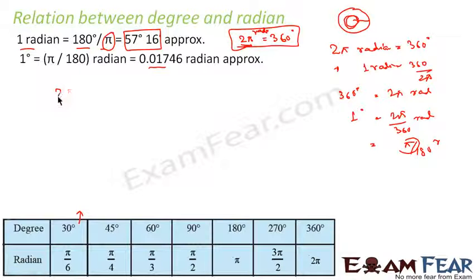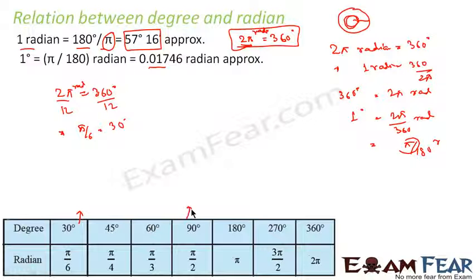We can also derive these. We have this logical formula: 2 pi radian is equal to 360 degree. Suppose we want to find 30 degree. If you divide by 12, you get pi by 6 is equal to 30 degree.